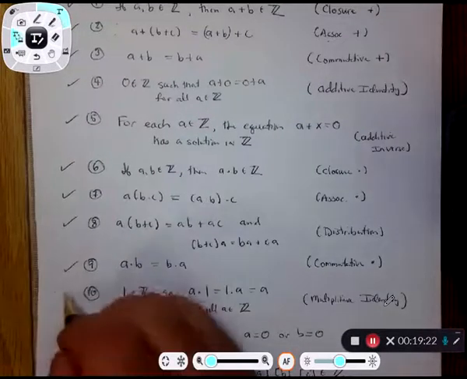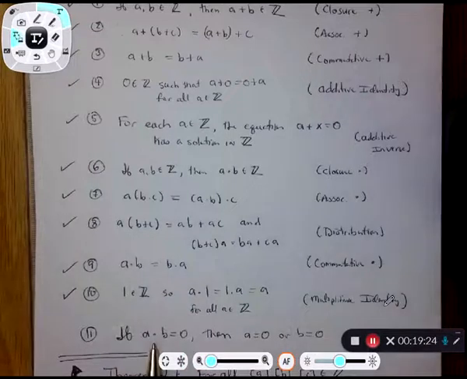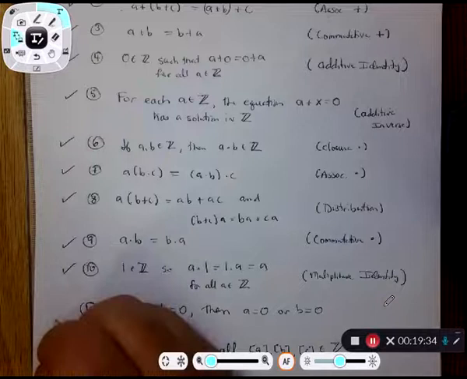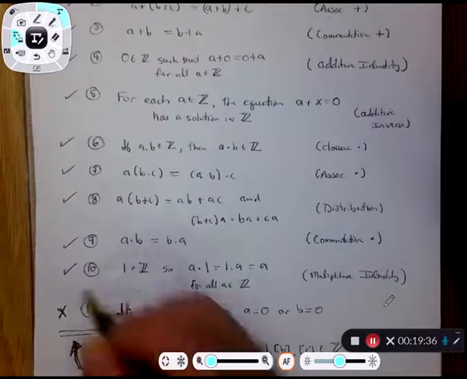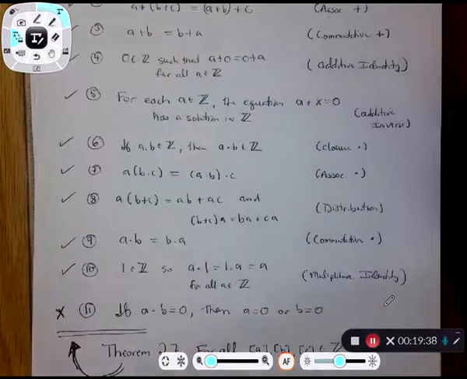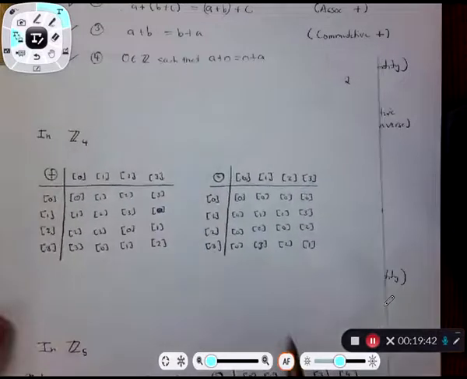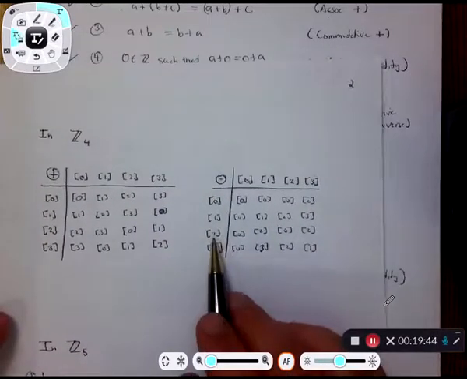Yes, there is. However, this property right here of integers: if A times B is equal to 0, does that force A to be equal to 0 or B to be equal to 0? Not necessarily. This is the one property that fails when you've got Z mod n. An example of that is over here in Z4. Notice the equivalence class 2.